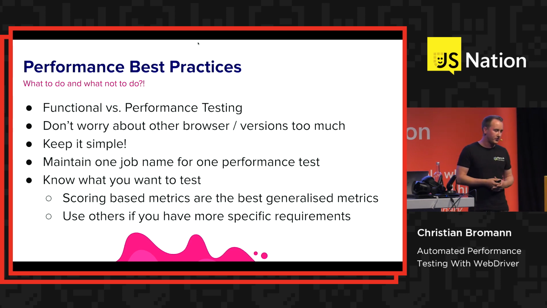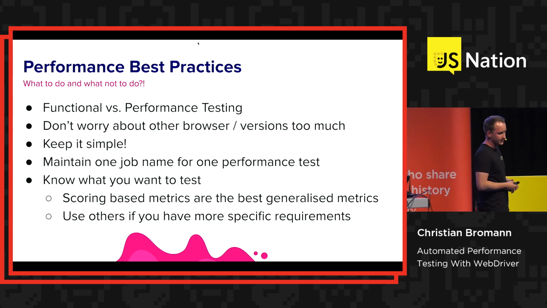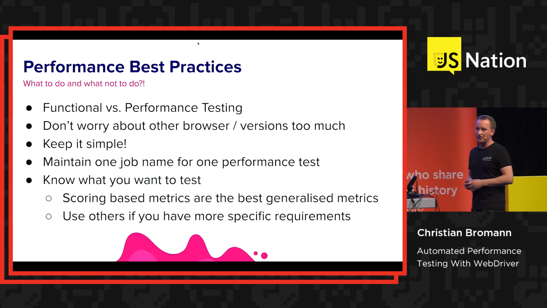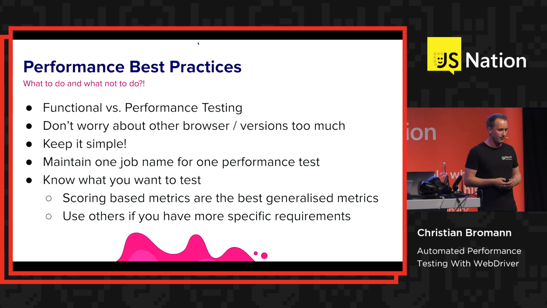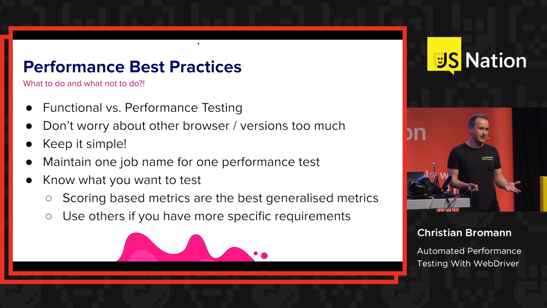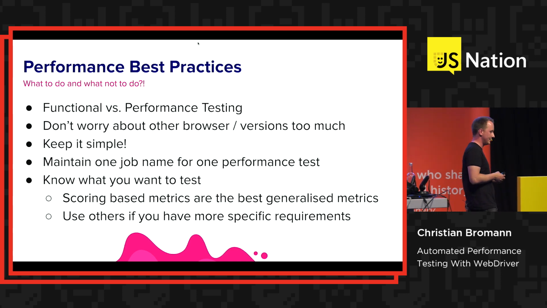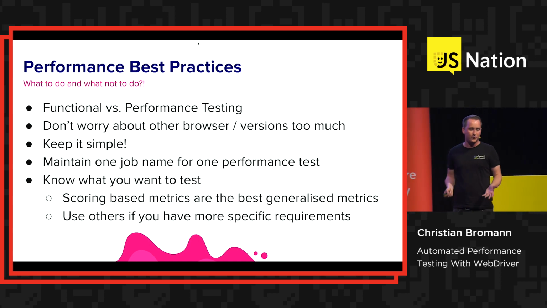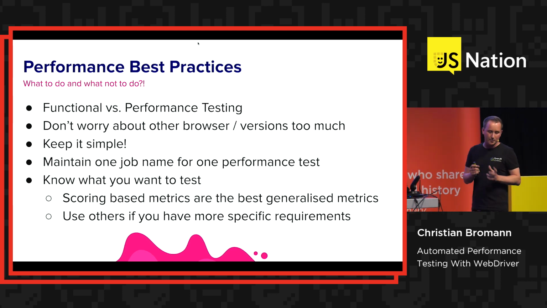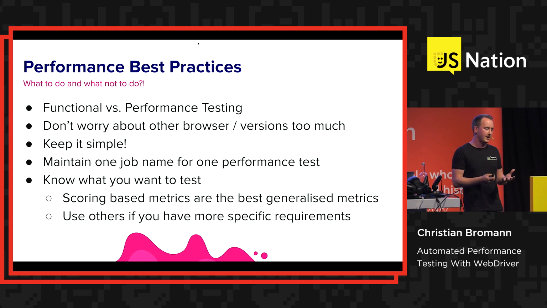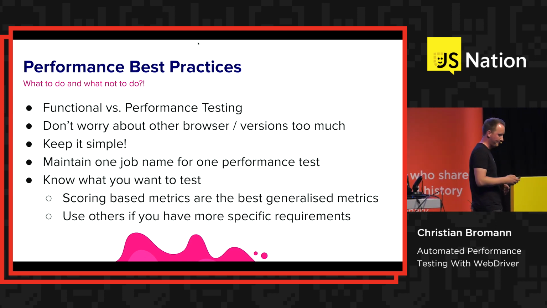You should not worry about different browser versions and different browser OS systems. The browsers these days do a lot of benchmark testing to make sure that the engine is good, so you don't need to care about that. You should keep it simple. That means you should not test the performance of all pages that your application provides. You should provide and maintain a common job name for a performance test, because we create the baseline based on the name of the job that you run.